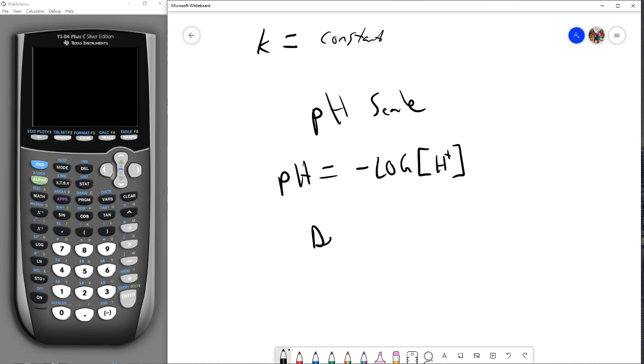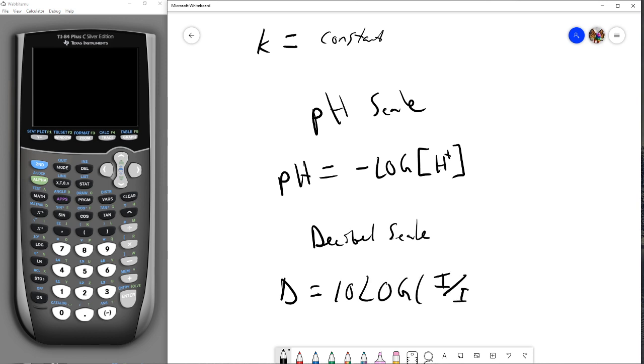And we have the decibel scale. So the decibel scale said, I think I used a D, I don't remember, we'll just say it was D equals 10 log of I over I naught.